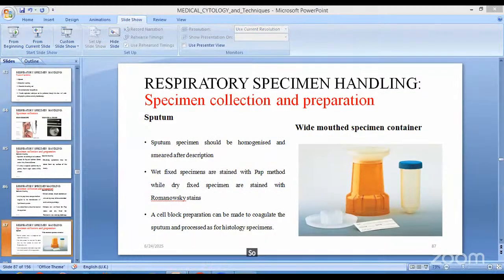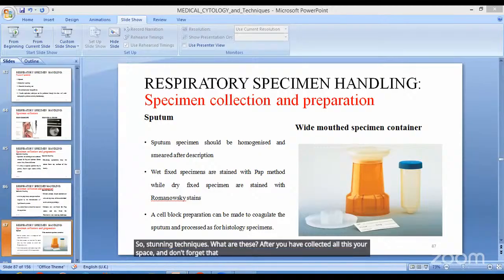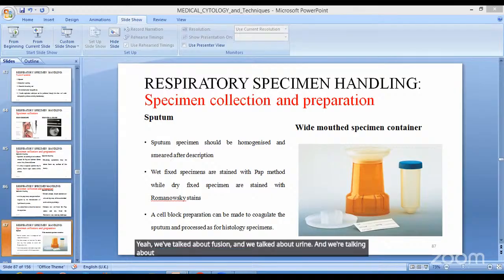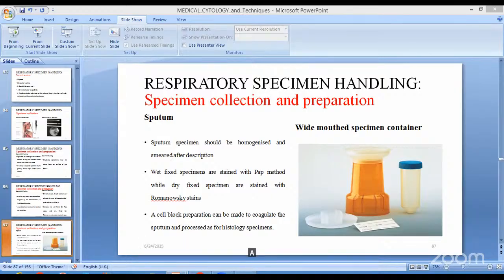So staining techniques, what are these? After you have collected your specimen, don't forget that we started from gynecological specimens, the vagina and the cervix. Now we went to non-gynecological specimens. There we talked about effusion, urine, and respiratory samples.